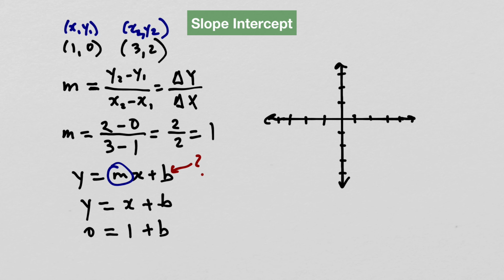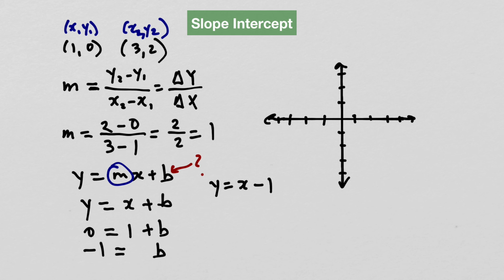And then when we solve for b, we need to subtract 1 from both sides, and we get b is equal to -1. So now we know that our equation is y is equal to x minus 1. So now that you have that, we can easily graph this line.